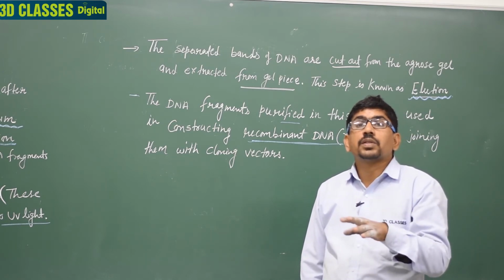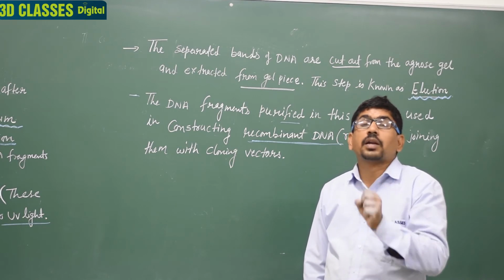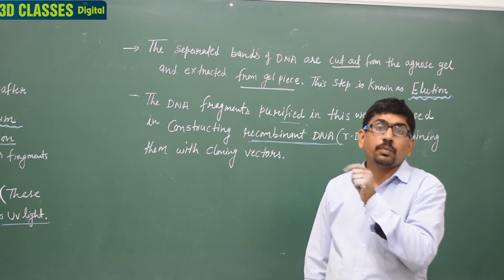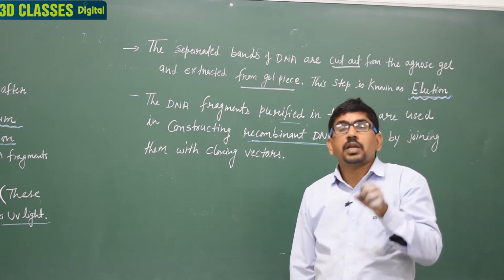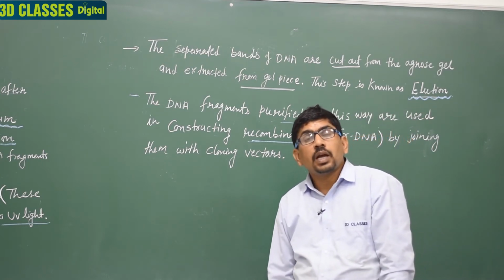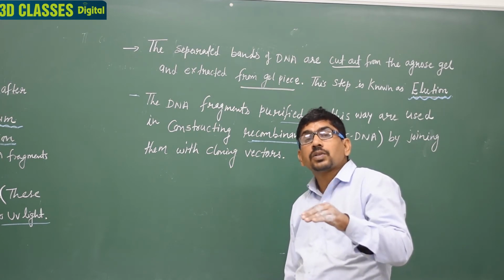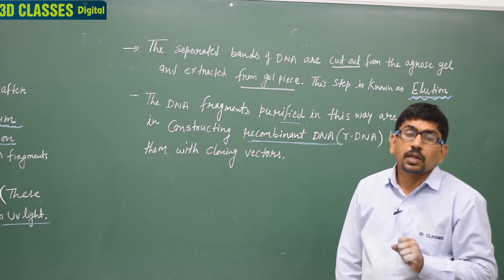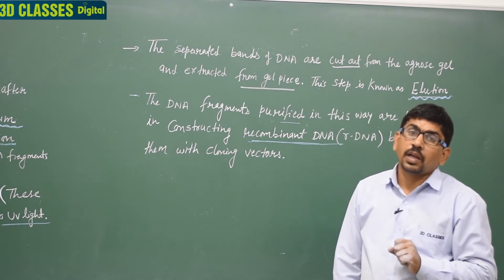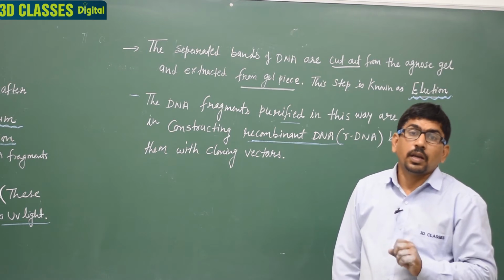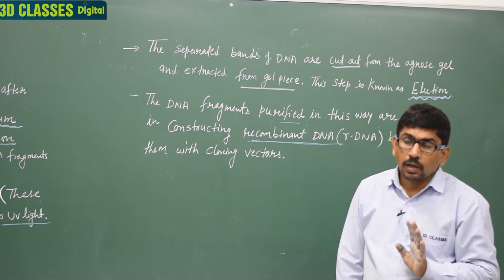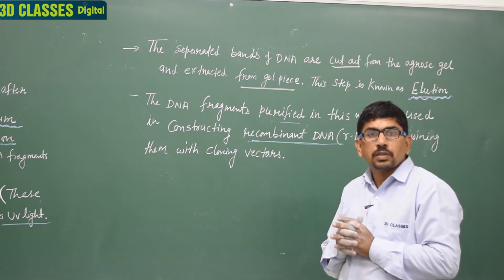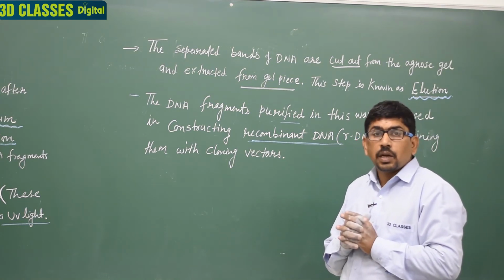With the help of electrophoresis, we select the desired DNA from the band pattern, and then this desired DNA is cut from the gel, isolated, extracted, and joined with the vector DNA to form the recombinant DNA. Clear? So, it is the complete process of the electrophoresis according to your NCERT.